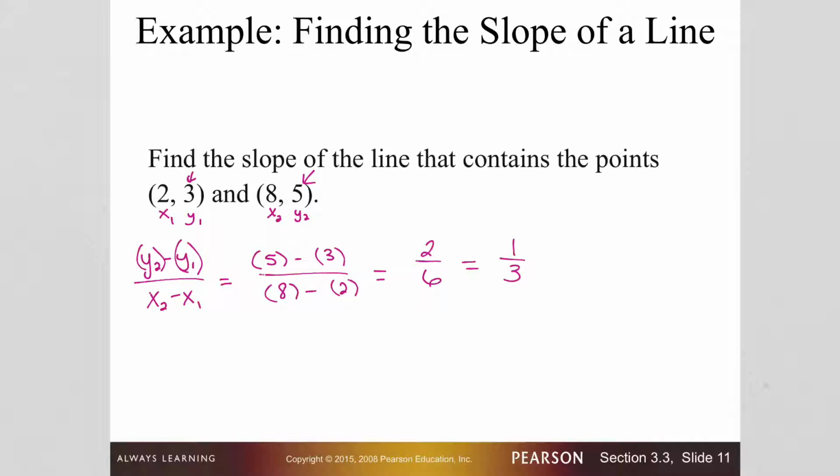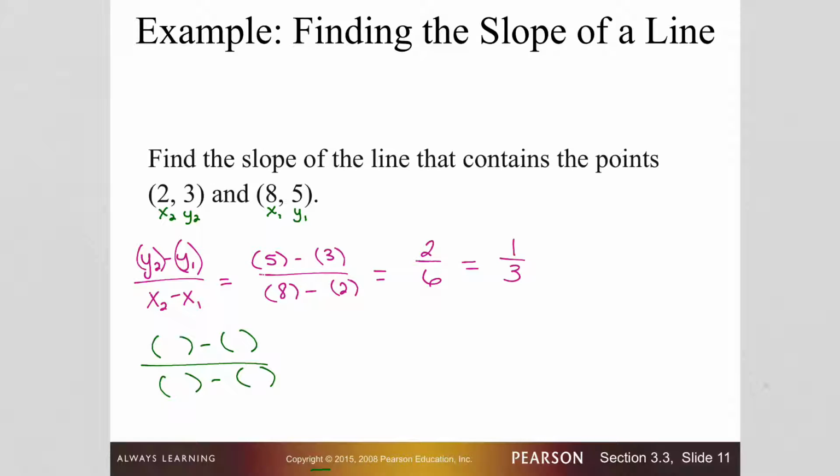Alright, so now, here's what I'm going to do. I'm going to erase the names that I've given these points, and I'm going to name this one x sub 2, y sub 2, and this one x sub 1, y sub 1. Again, I'm going to use the same formula, so I'm going to do parenthesis minus parenthesis over parenthesis minus parenthesis.